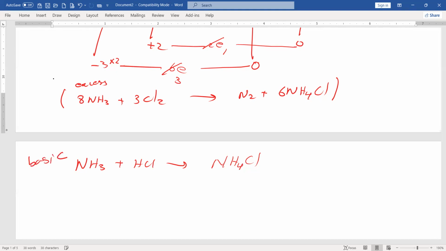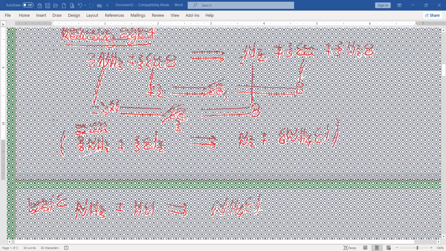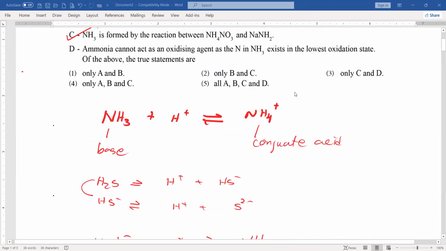This is an example to show that ammonia is a base. Therefore, your answer: ammonia cannot act as, that's wrong. Ammonia can act as, so it is wrong. So the answer is the 4th option. Only A, B, C are correct.